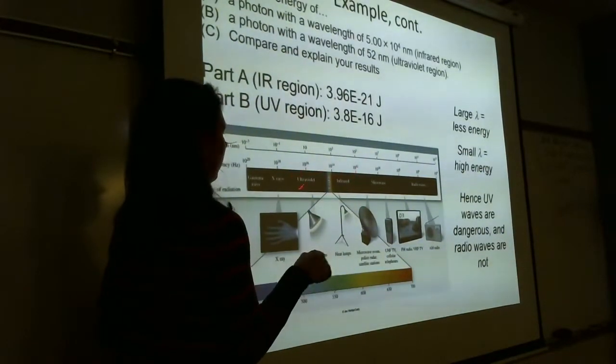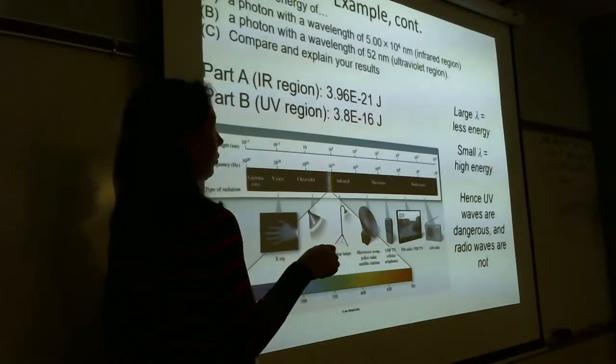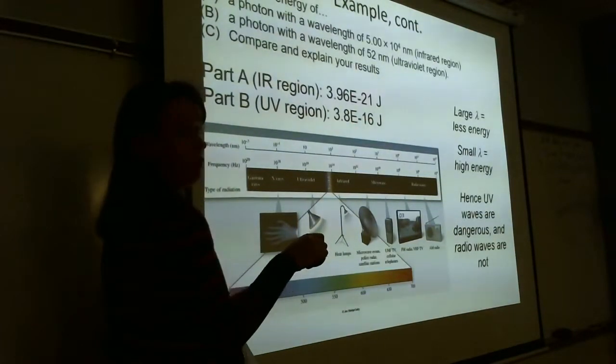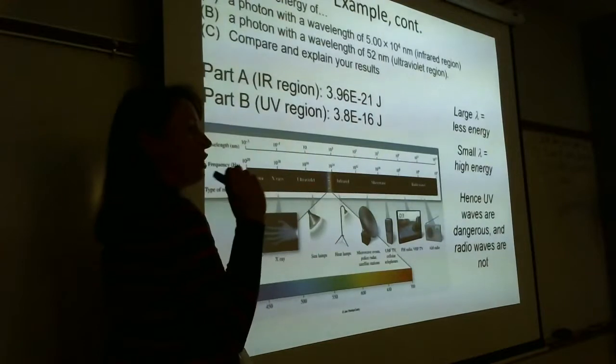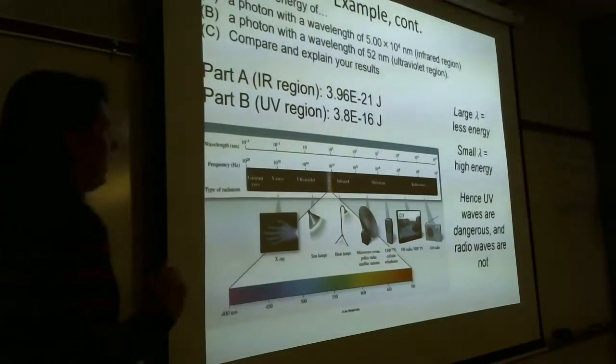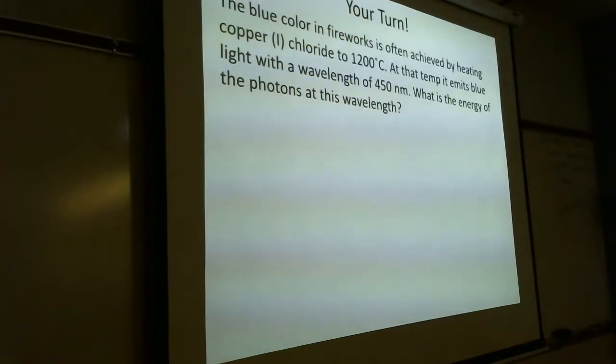So the ultraviolet radiation is something you want to avoid. That's a higher energy. 10 to the negative 16th is a bigger number than 10 to the negative 21st, right? That's higher energy. That's more energy going into you if you're exposed to ultraviolet radiation versus infrared radiation. Makes sense? All right, so you try this one.